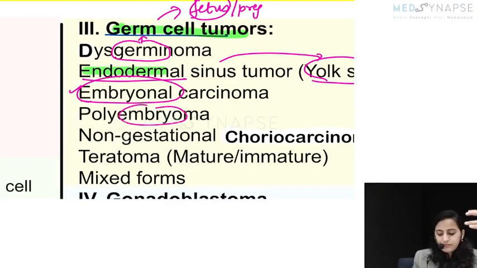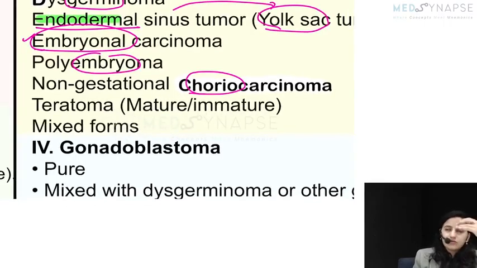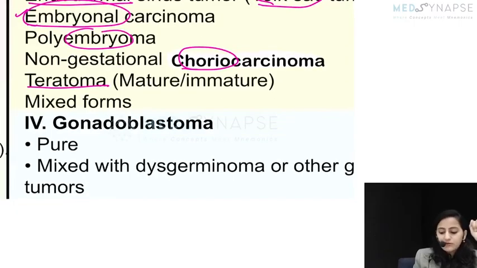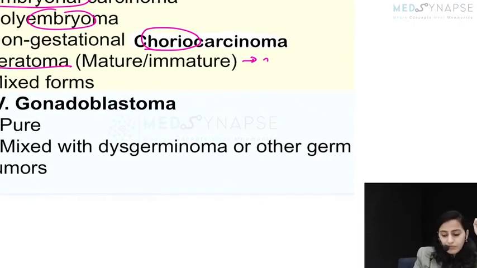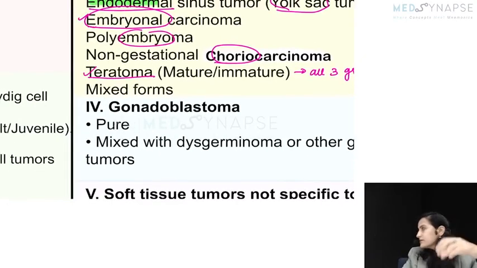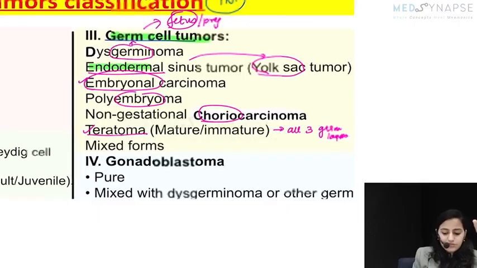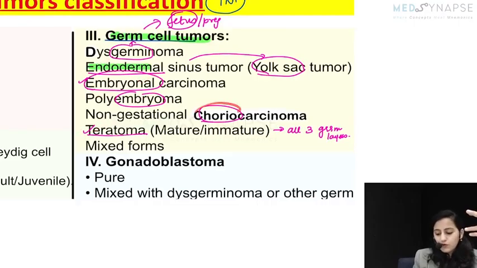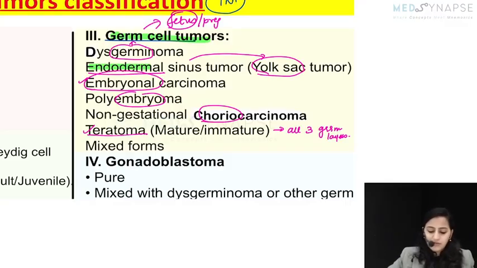Polyembryoma, choriocarcinoma, chorio, placenta, right? Teratoma. Teratoma is the tumor which arises from all three germ layers. So again the germ layer, so it is also germ cell. So easily remember which are the germ cell tumors: dysgerminoma, embryonal, polyembryoma, endodermal, teratoma, choriocarcinoma, yolk sac tumor. So whatever is related to germ cell, reproduction, fetus, pregnancy, that is your germ cell tumor.